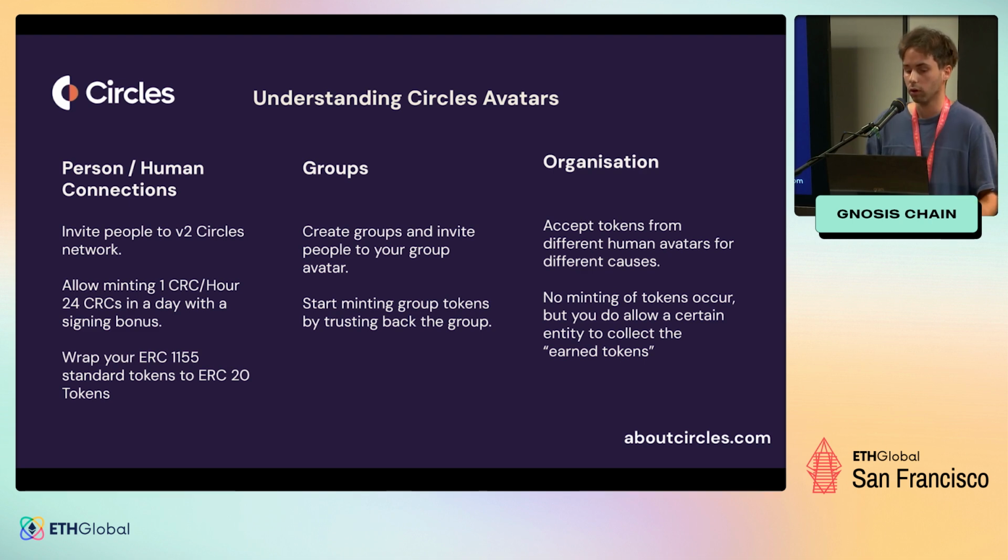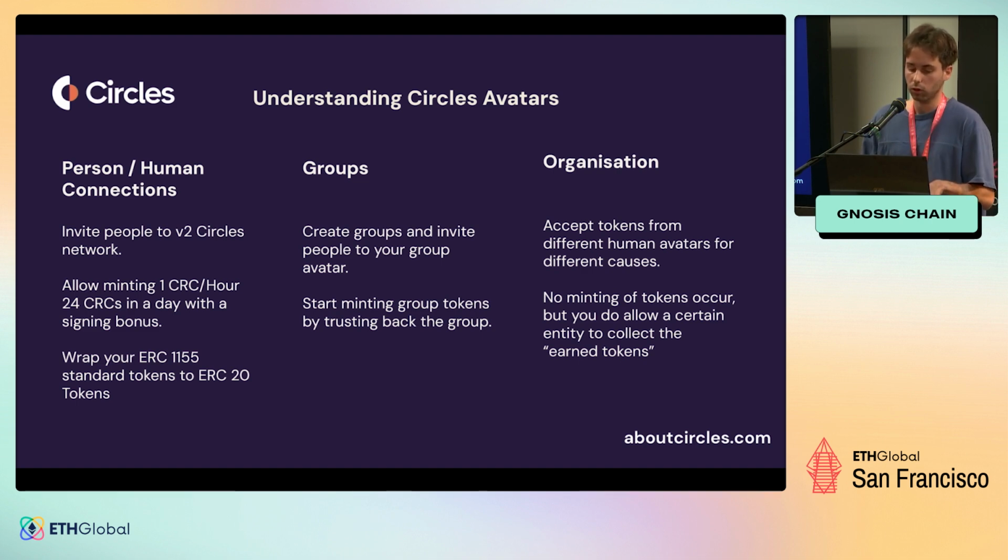There is also a function to wrap every Circles token. It's an ERC 1155 token, and with the SDK, there is a function to wrap this token as an ERC 20 if you need to use it with other DeFi protocols like Uniswap or others.